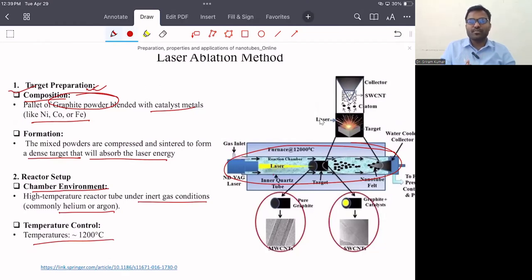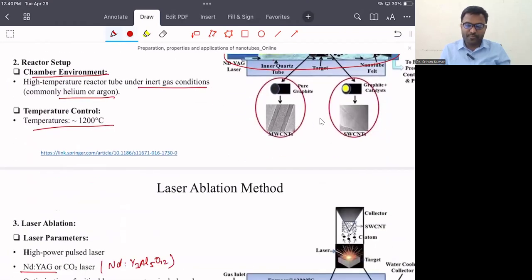So first we understood the target preparation: we use graphite powder with the catalyst, then compress and sinter to form the dense target. And the second is the reactor setup and furnace, where we maintain an inert atmosphere, and the furnace temperature should be close to 1200 degrees Celsius.